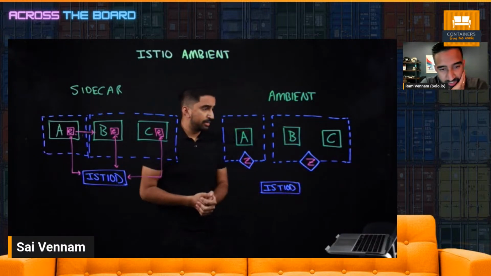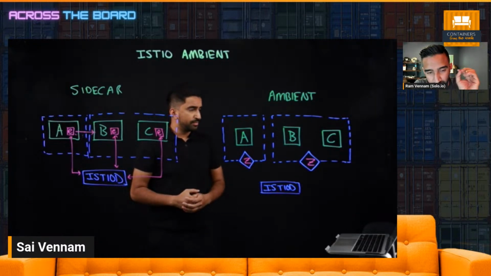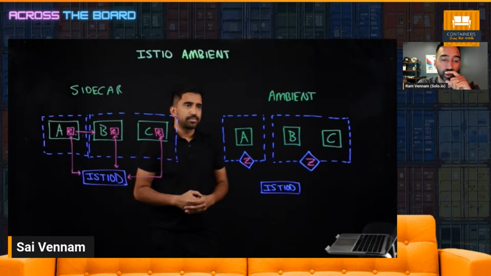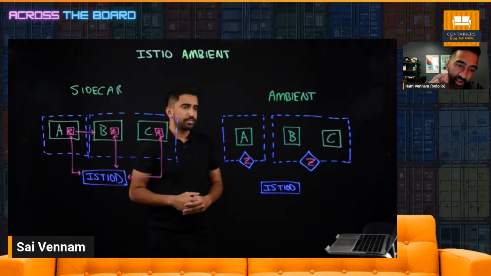Yeah, that's a good question. So what Istio does, there's an agent component called Istio-CNI. It's not a CNI. Think of it as it uses the CNI to accomplish what it needs to. It sits on top of a CNI. So what that component will do is whenever a new pod comes up, or for existing pods that are added to the mesh, it will go into the pod network namespace, and it will use iptables to open up a socket, right?